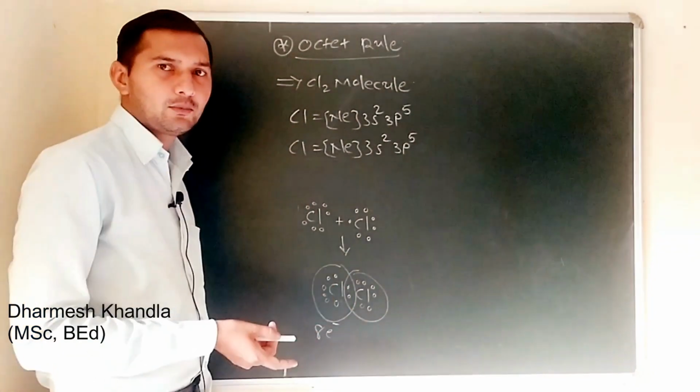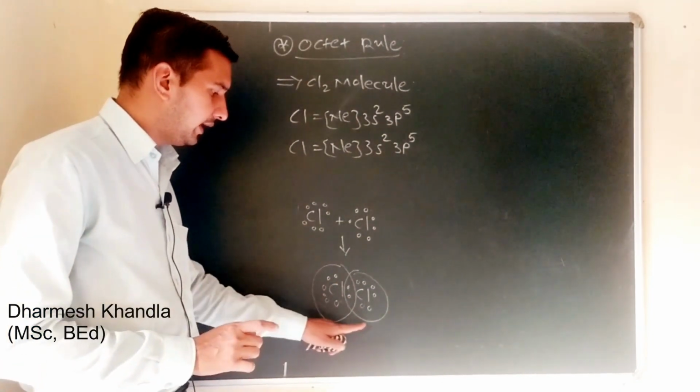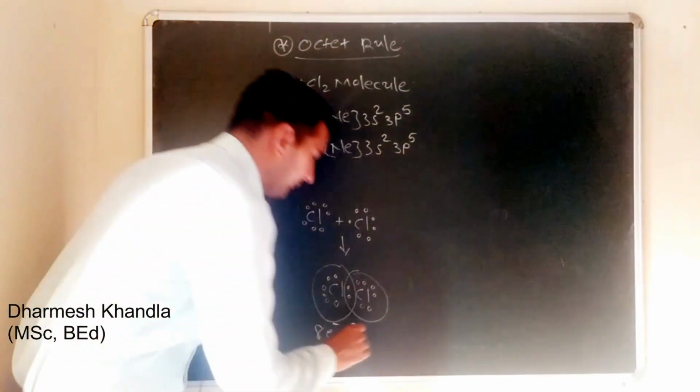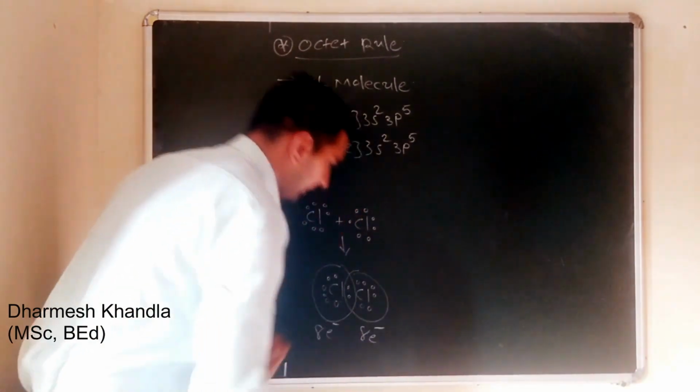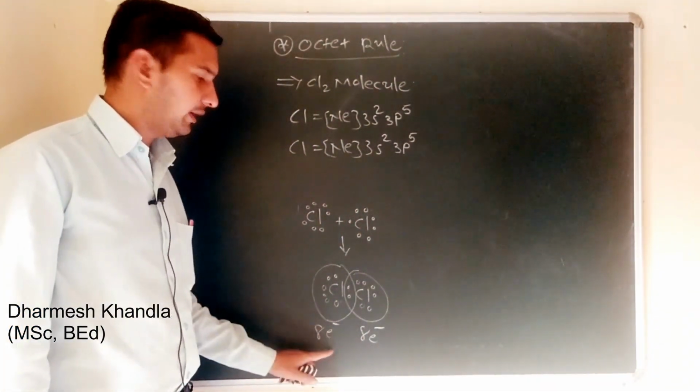The second chlorine atom also has 8 valence electrons in its outermost shell after combining with the other chlorine atom. So both chlorine atoms have 8 valence electrons in the outermost shell.